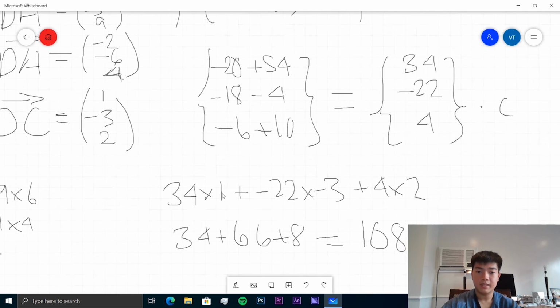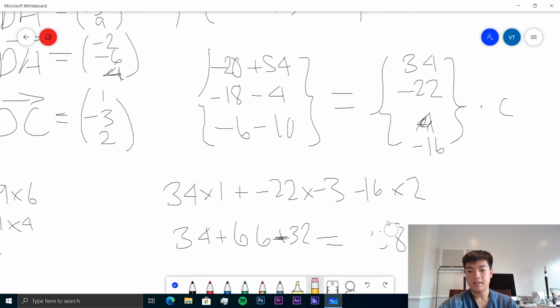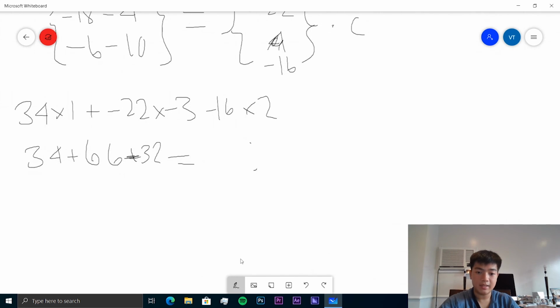Oh, this should be minus. Sorry about that. So this should be negative 16 then. So in here we have negative 16 times 2. So we have 34 plus 66 minus 32, which is equal to 68 indeed. So 68 is the correct answer.